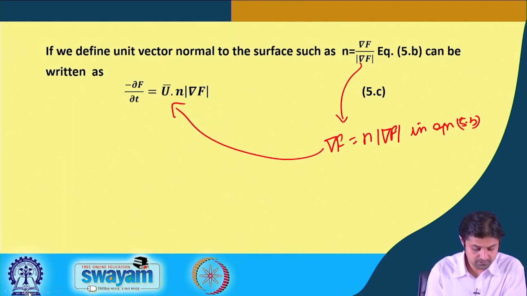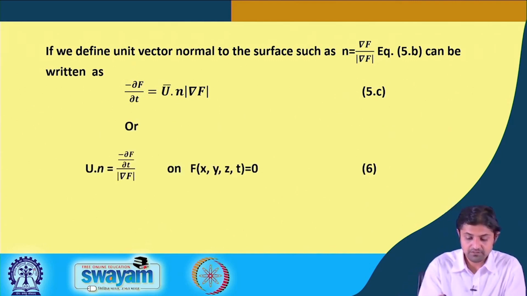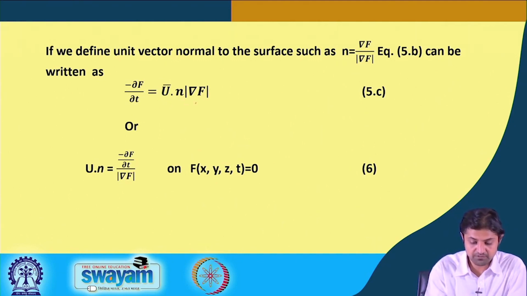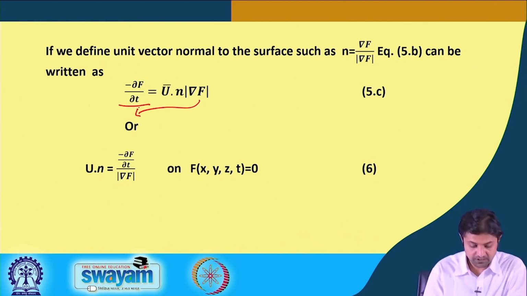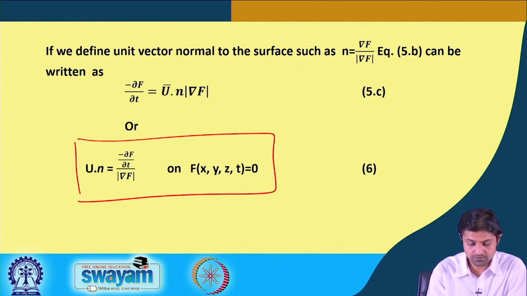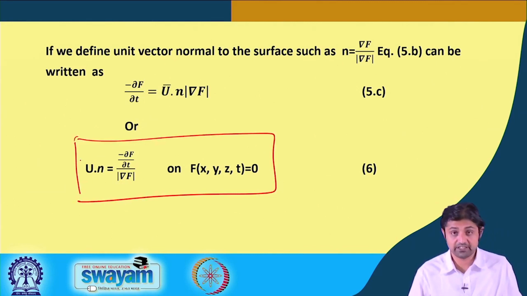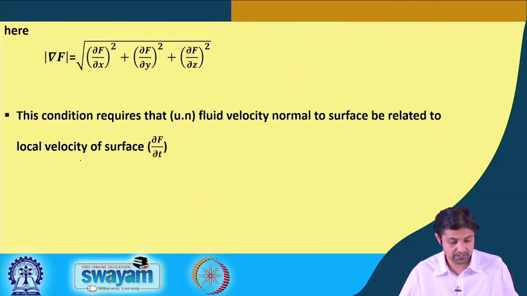Bringing mod del f to the denominator, we get u dot n equal to minus ∂f/∂t divided by mod of del f, on f(x, y, z, t) equal to 0. Here u is a vector and n is a normal vector. Mod del f is the square root of (∂f/∂x) squared plus (∂f/∂y) squared plus (∂f/∂z) squared.